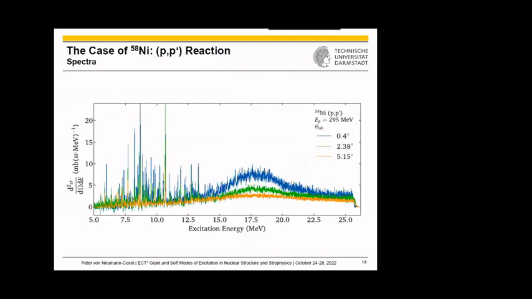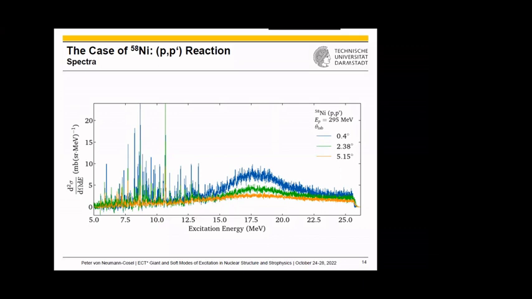You already saw that yesterday, but still I briefly want to remind you, we have very nice data from RCNP on nickel 58, forward angle spectra. The blue is the most forward angle. And then some other angles are shown. And basically in this low energy region, you see a lot of peaks which you can analyze.